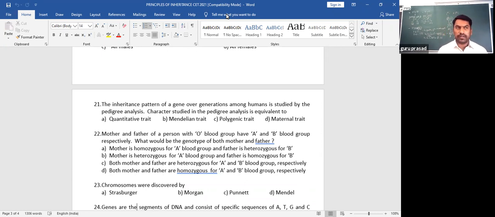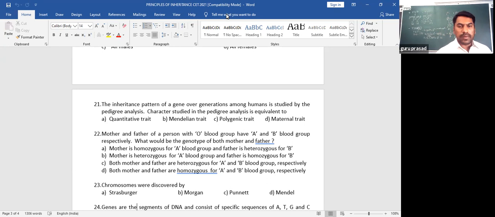Quantitative trait is basically for polygenic and pleiotropism. As per the question, the inheritance pattern of genes generation after generation in pedigree analysis for humans is the same as what Mendel did for the pea plant. So Mendelian traits. It's not for polygenic, or as I just told, polygenic and multiple allelism are quantitative traits, not maternal trait.